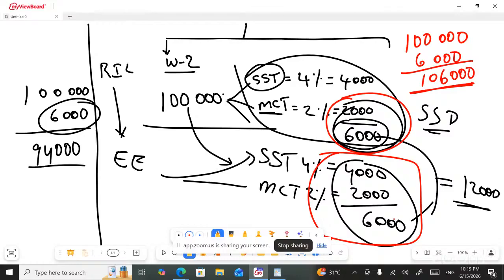He is not paying directly; on behalf of the employee, the employer deducts from the salary, and that 6,000 also will be paid directly to the Social Security Department. This is the procedure to be followed when the relationship between the two persons is employer and employee.